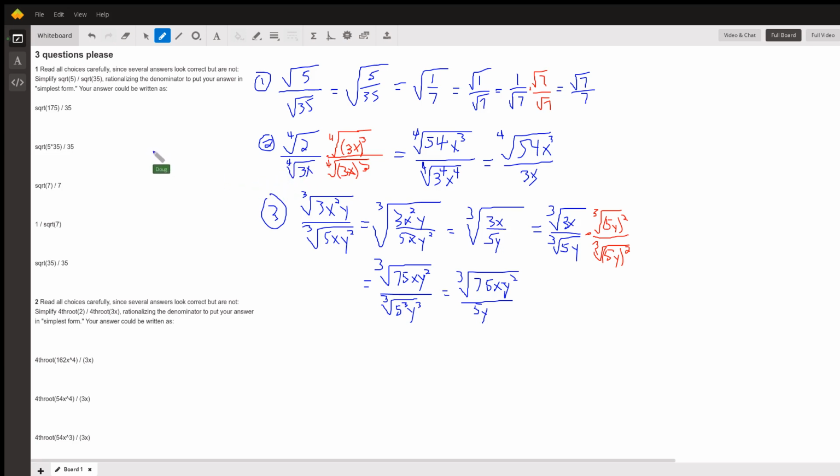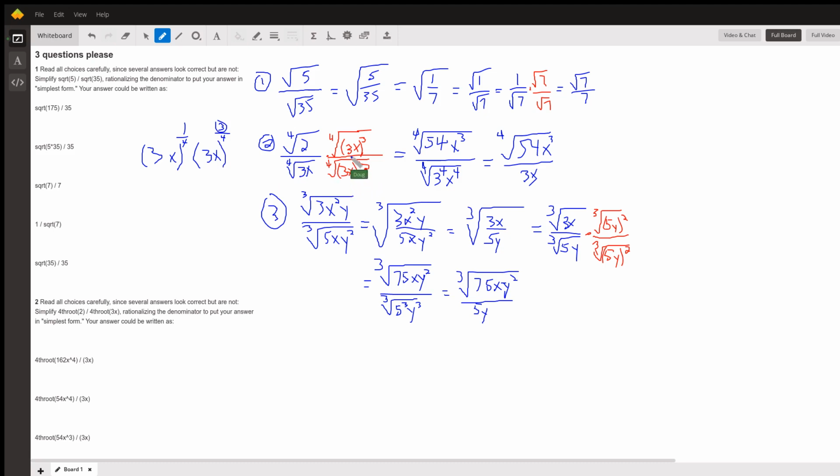You can think of this as 3x to the 1/4 times 3x to what power would allow me to multiply these powers by adding the exponents and getting an exponent of 1, and that would be 3/4. So that's why I multiply by the fourth root of 3x, the quantity cubed. That's where this 3 comes from.